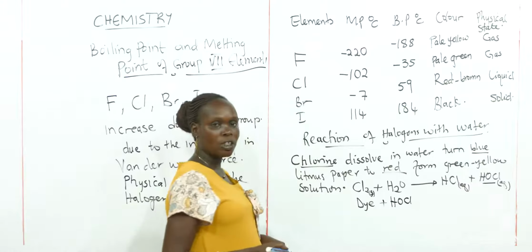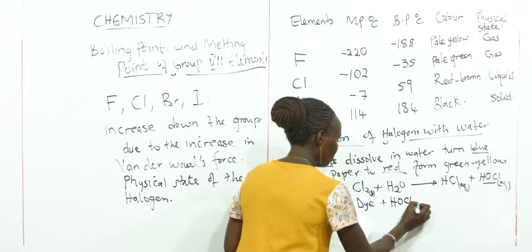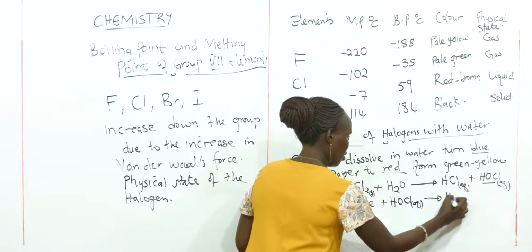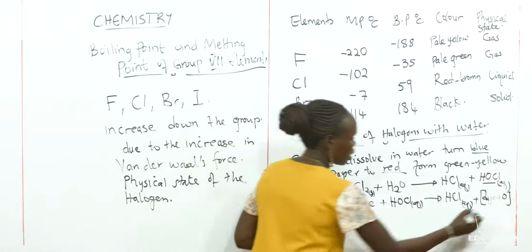When you dissolve chlorine into water, we will have hydrogen chloride plus dye and oxygen. So this last product here is actually the colorless product.